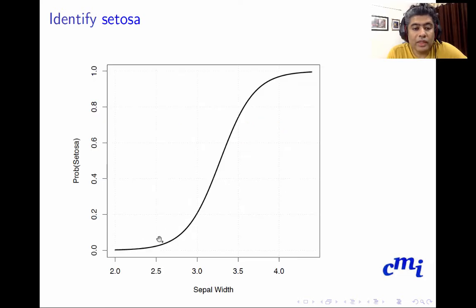So now you can see that up to a sepal width of 3, the probability is very small, below 0.2, but then it increases sharply, by 3.5 it reaches near 0.8, and as it increases further, it is very highly likely that the flower will be setosa.